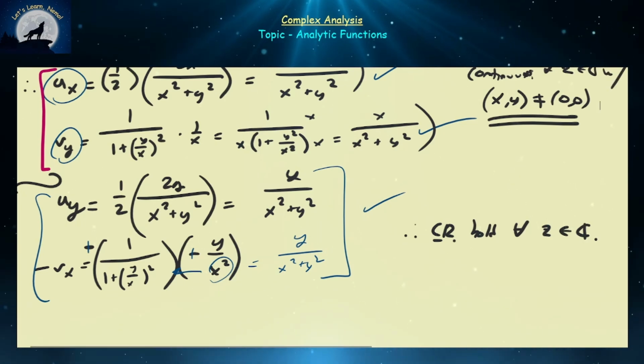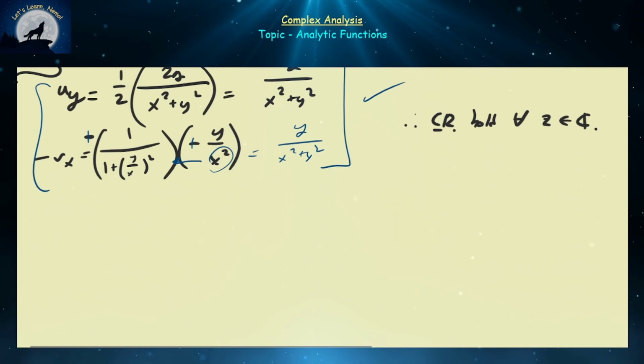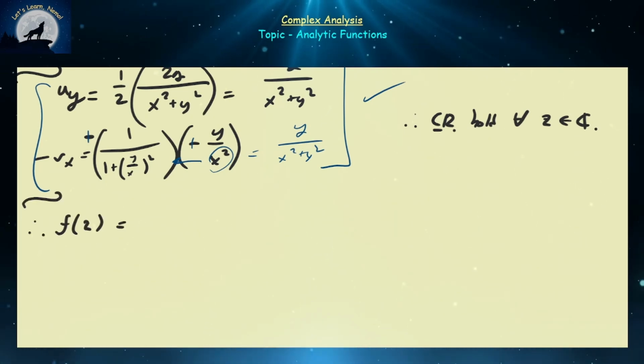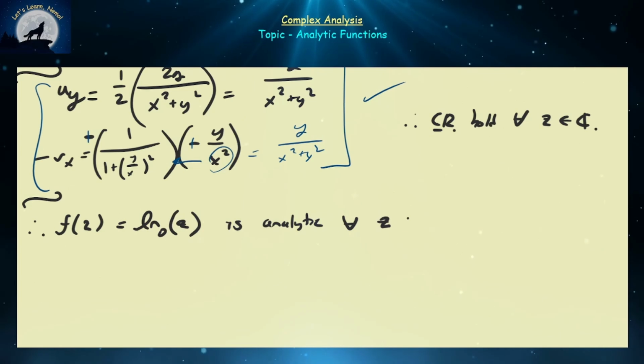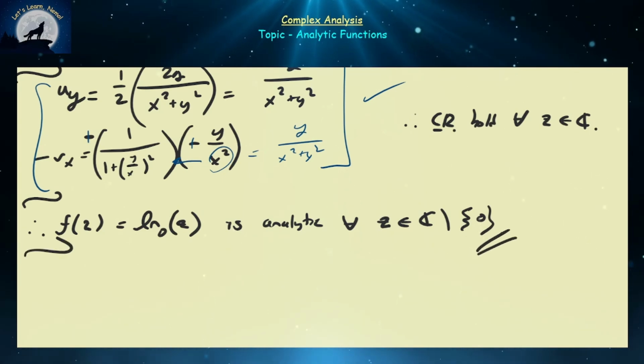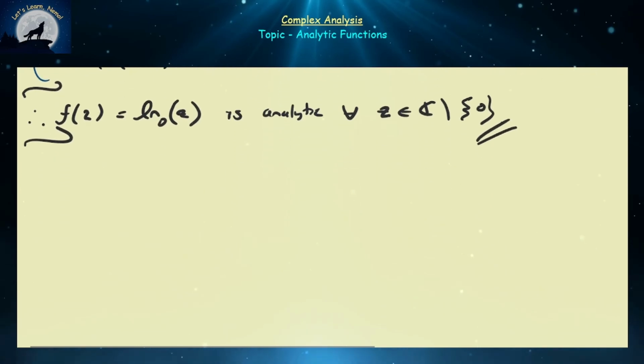So this means that f of z equals the natural log of z is analytic for all z in C except for the origin, which is usually where your branch cuts are located. So that's very nice in terms of proving that functions are differentiable and, more so, analytic.